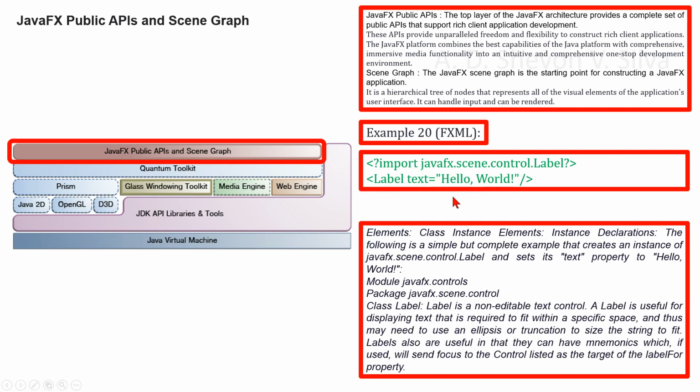Note that the label's text property in this example is set using an XML attribute. Properties can also be set using nested property elements. Classes that don't conform to Bean conventions can also be constructed in FXML using an object called a builder.